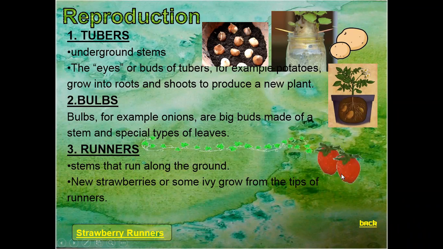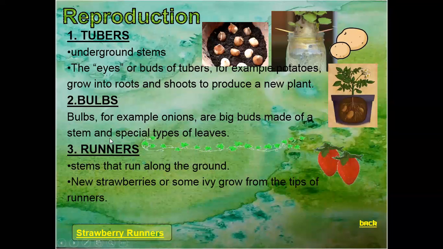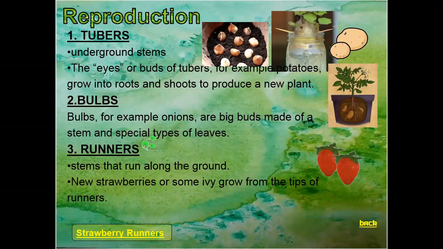New plants, for example some algae, grow from the tips of runners. One, two, three: tubers, bulbs, runners. Now we have three ways that plants reproduce without seeds.